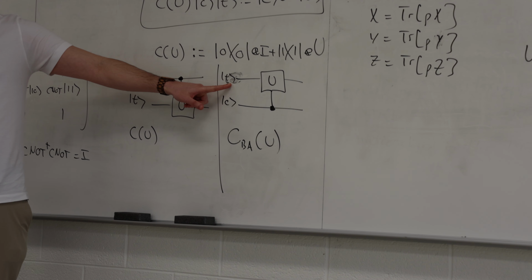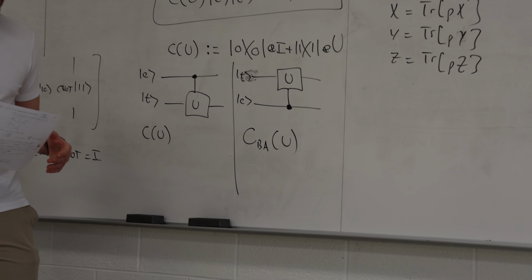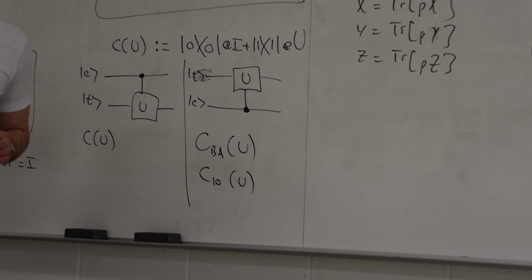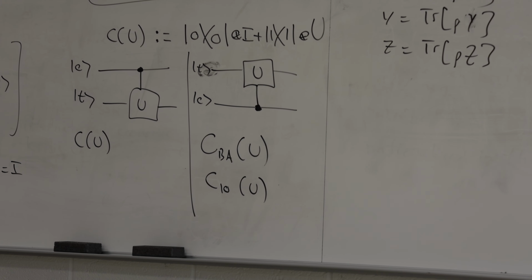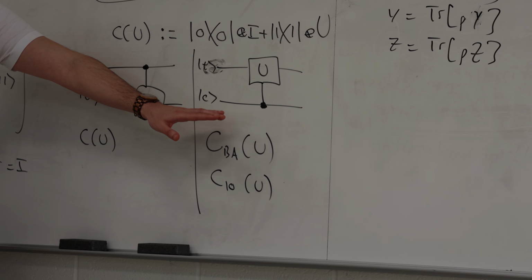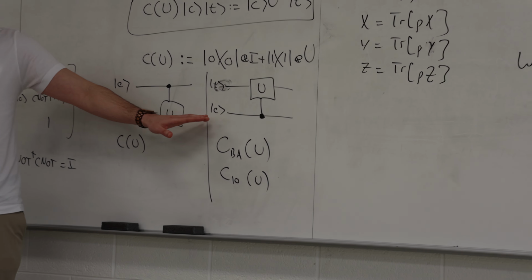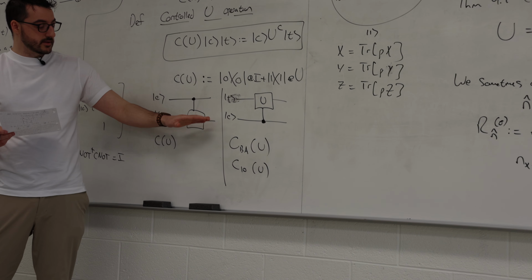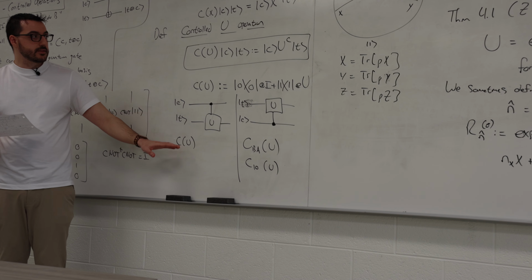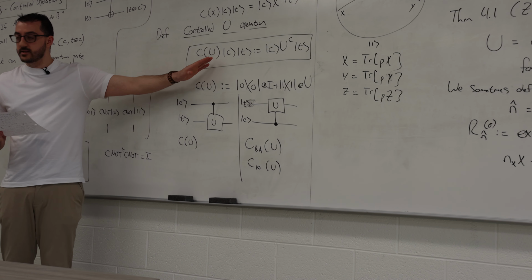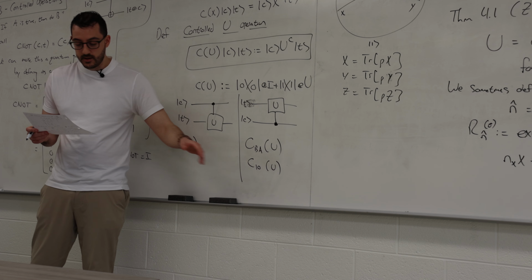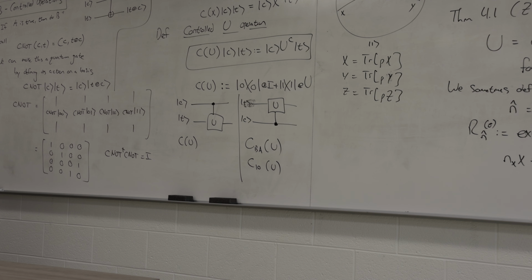So if you start indexing the qubit as 0 in the circuit, then this would be a control from 1 to 0 of the unitary U, whatever it is. Okay. So in the circuit notation, this is not an issue. And again, that's one reason why we really like the circuit notation. Mathematically, if it's not implied, always assume that the first register is the control register, second is the target. If you need to change that, which sometimes you might want to do, then there's various notation that you could use for that.